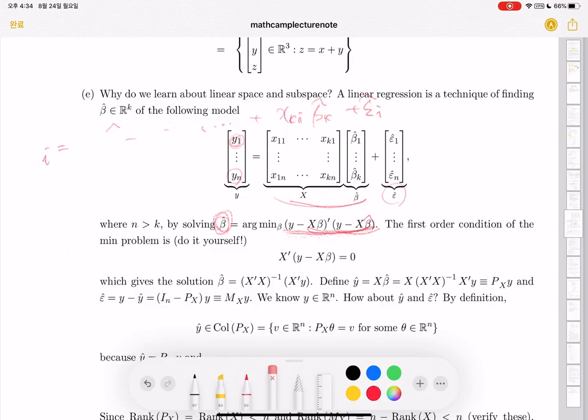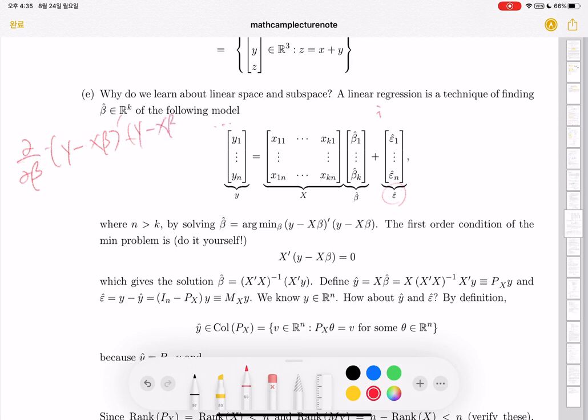The first order condition of this minimization problem has to be this: partial derivative with respect to beta of (y minus X beta) prime (y minus X beta), which is partial beta of y prime y minus beta prime X prime y minus y prime X beta plus beta prime X prime X beta.